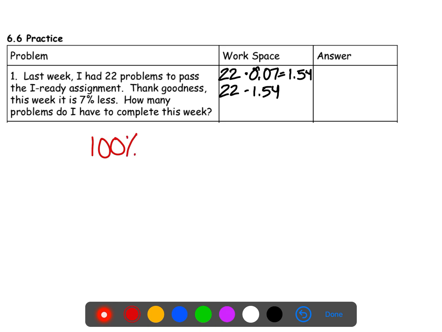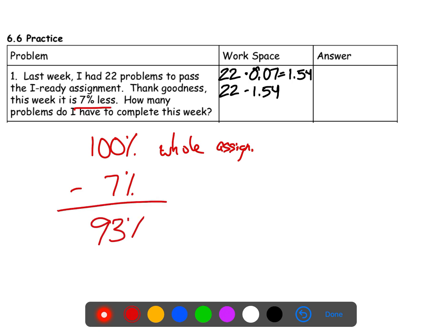What I'm doing is taking the whole assignment and removing the 7% because it's 7% less, and that leaves 93% of the assignment left to do. So in one step, we could take the 22 problems times 93%, 0.93, and in one step now we have our answer, 20 and 46/100 questions.